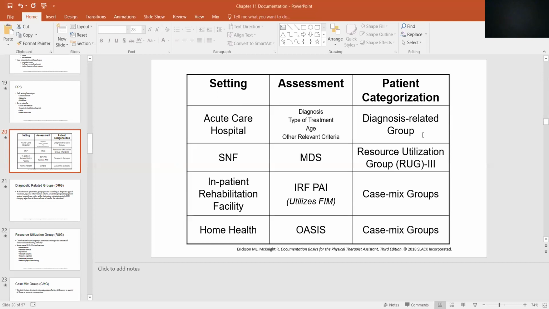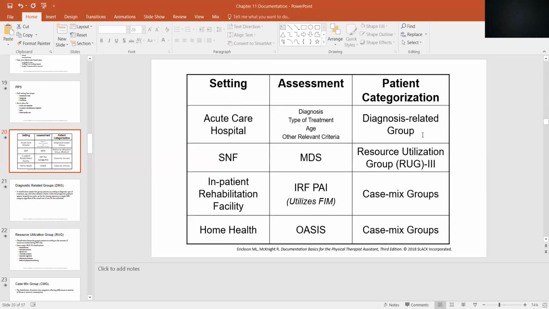You will probably be doing data collection to go towards the OASIS, but it's very interesting because as a physical therapist, if I was the first one in and the only one in, I would have to do the OASIS. And it really broadened my horizons because I'd have to look at all the medications the patient was taking. You really have to look at their home setup. When you're out in home health, there's a lot of things. You still have a team to back you up, but there's a lot of things that you have to learn how to do on your own too.